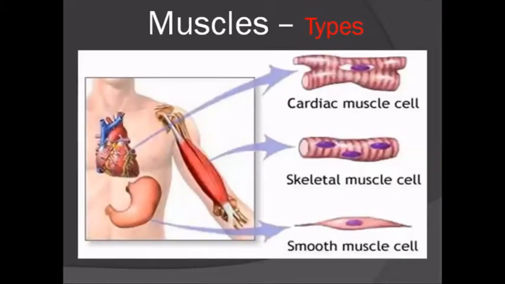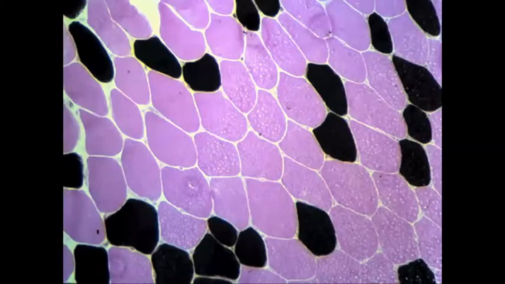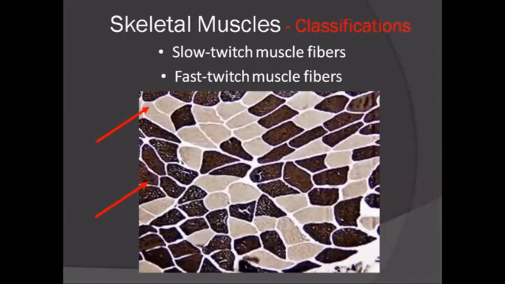So this is how it looks like. And this one is a cross-section of muscle fibers viewed through a microscope picture. And as you can see, there is a difference in color. The dark colors represent the slow twitch muscle fibers, and light colors represent the fast twitch muscle fibers.